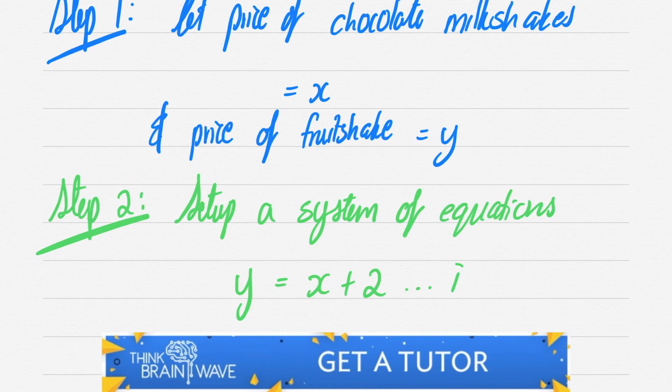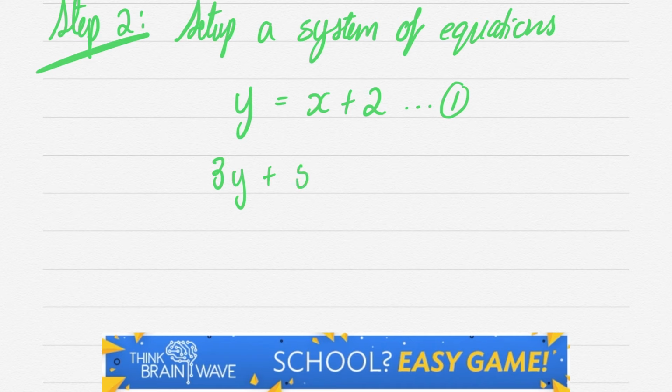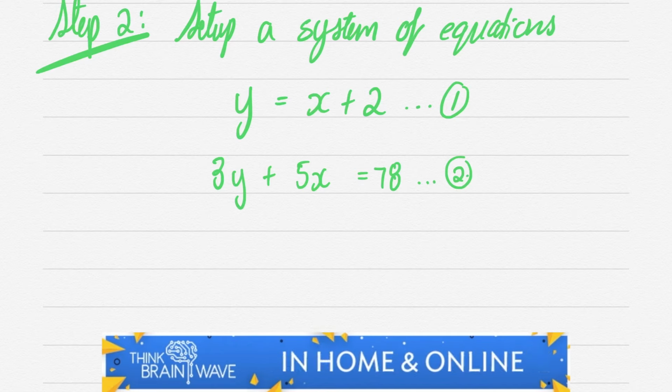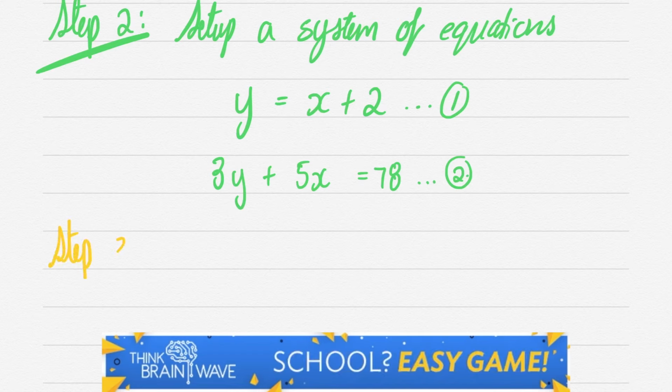There's our first equation. Our second would be 3Y plus 5X, and that totals 78. You don't put the rand signs, you only put your variables and your basic numbers. That's our second equation. Now we've got 2 equations, we can move forward.